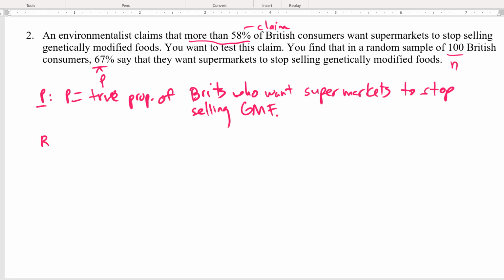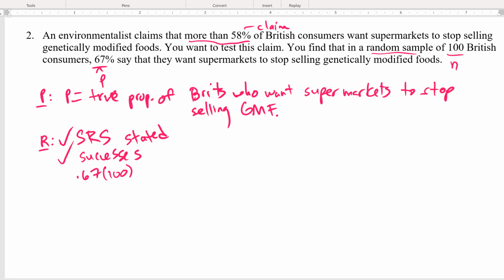What are the requirements for a proportion? Data must be collected randomly. You found a random sample, so it was stated. We need at least 5 successes. They didn't tell us how many successes. So how many successes do we have? Well, 67% of the 100.